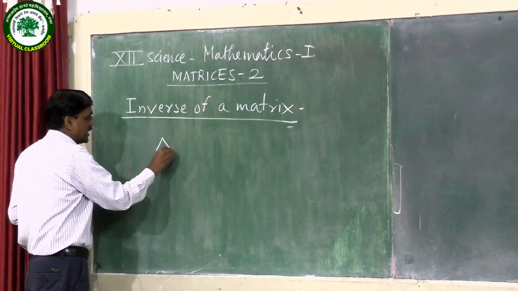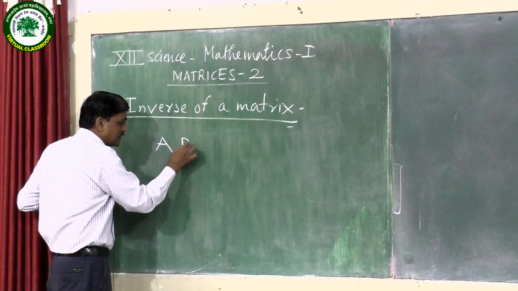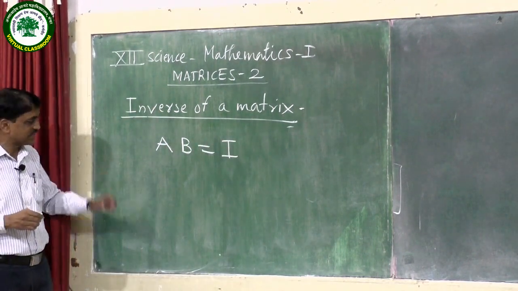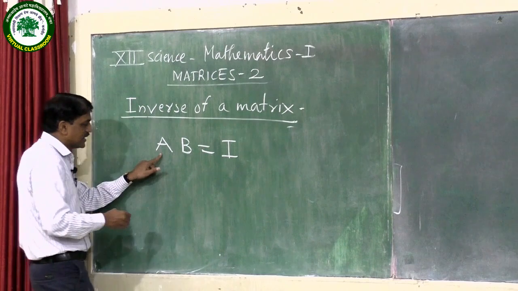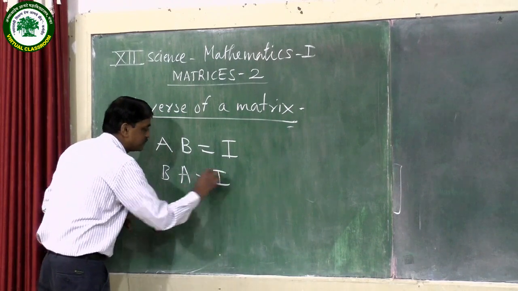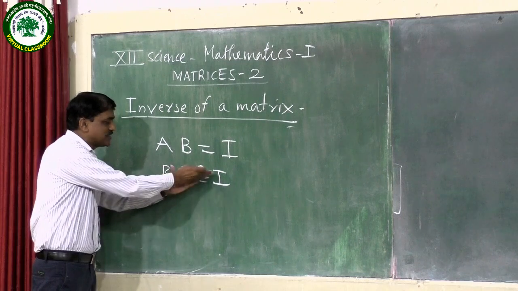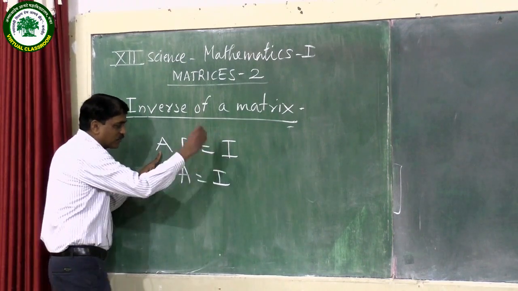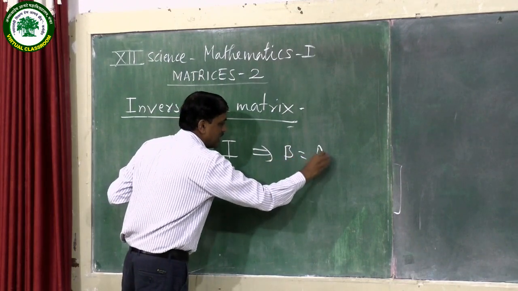For a square matrix A, if there exists a square matrix B, such that their multiplication AB is I, then we say that the matrix B is inverse of a matrix A. Or we can write this also in the second way, BA is equal to I. If for a matrix B there exists a matrix A such that B into A is equal to I, then in the first thing A into B is equal to I implies B is inverse of matrix A.